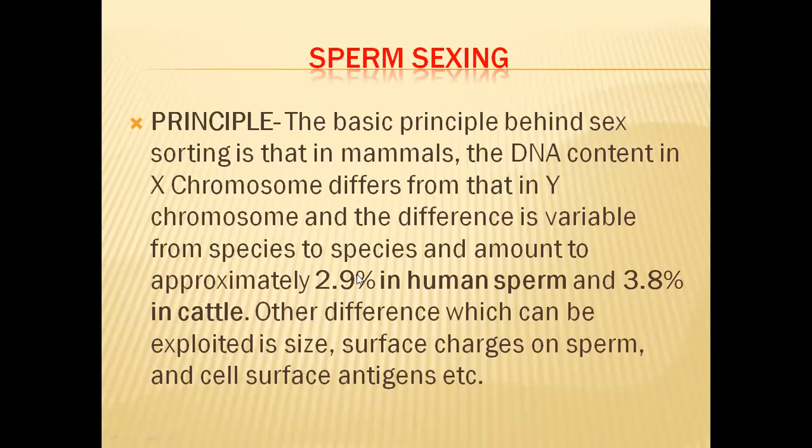The difference between X and Y chromosomes differs for each species. In humans, X chromosomes have 2.9% more DNA content than Y chromosomes, whereas in cattle, X chromosomes have 3.8% more DNA than Y chromosomes.